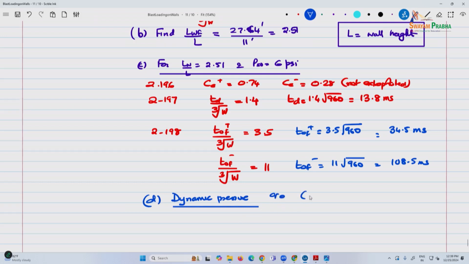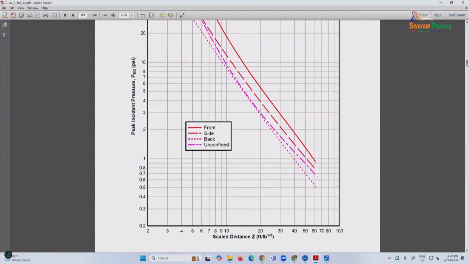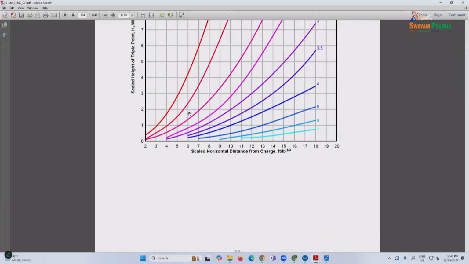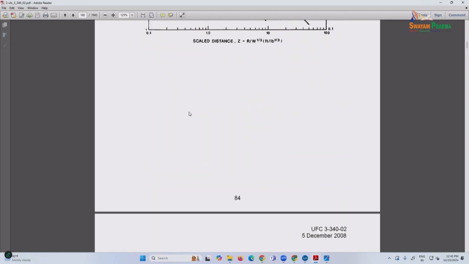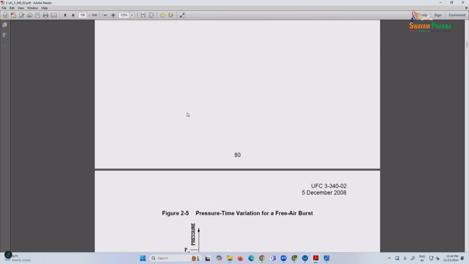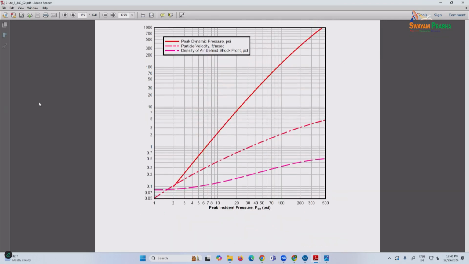Q naught. This is figure 2-3. Q naught, figure 2-3, going back. This is based on an incident pressure, was how much? 6.